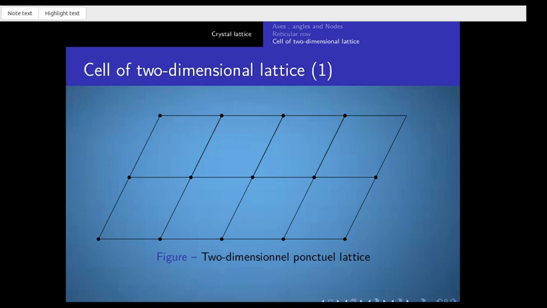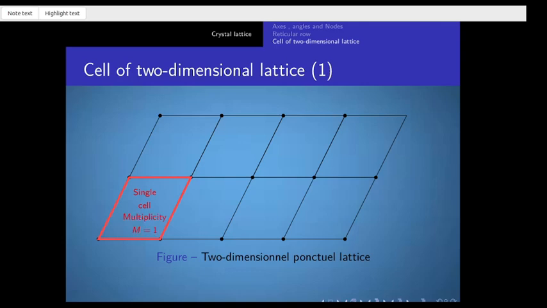And so on, we can build the two-dimensional lattice. Here we draw in red color the single cell, which is occupied only on its vertices. The nodes are only on the vertices of this cell.